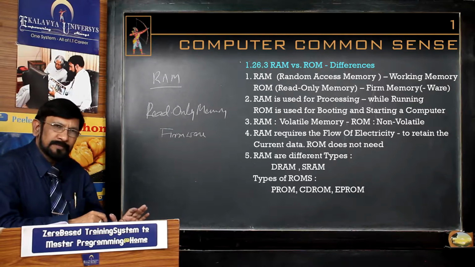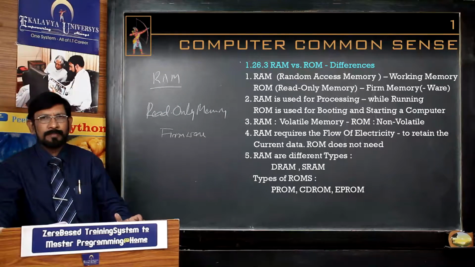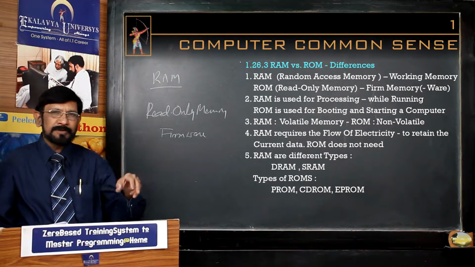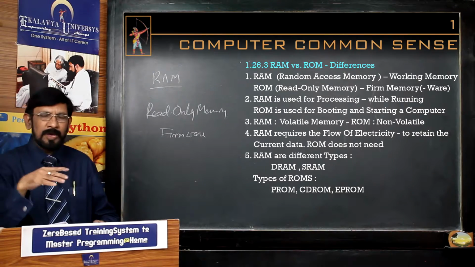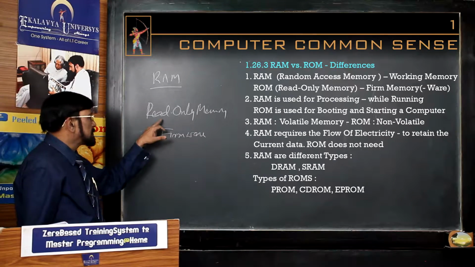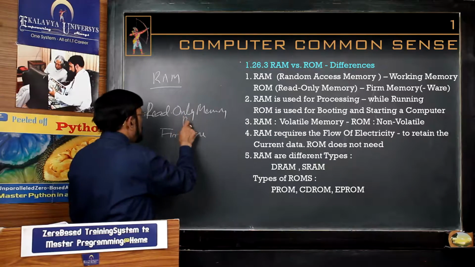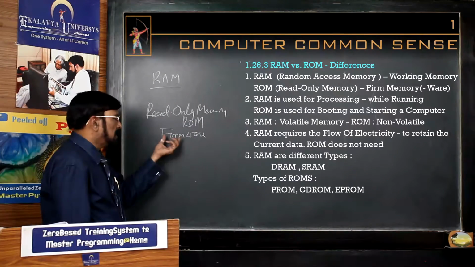Those programs are meant for booting up or starting up the computer. Initially, certain initial operations should be done to start a computer. All those operations are called booting operations. Such programs are stored on the ROM. That's why it is a firmware.